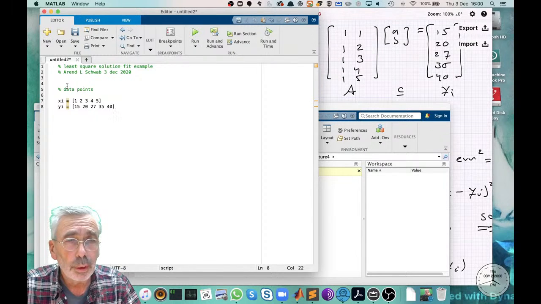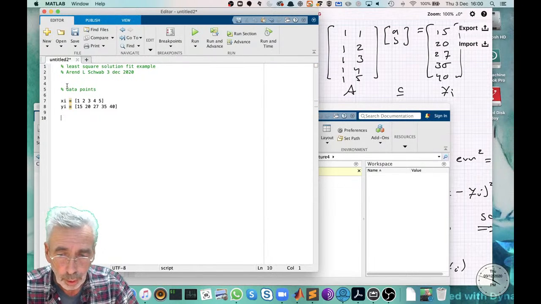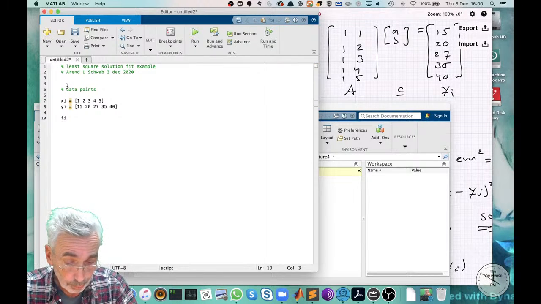You can wonder, does it look like a straight line if I look at the numbers? So why not plot them right away, plot xi, yi, and we just want to have data points and not a line.